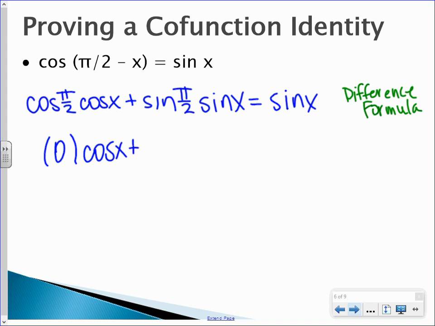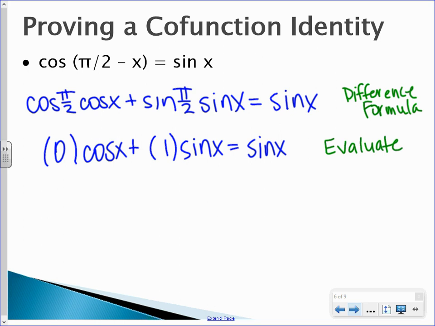Okay? So Haley, I'm going to have you help me with the sine of pi over 2 too. Sine of pi over 2 is 1. Good. Okay, all we did was evaluate those trig functions, so that can be your explanation there. I do need to see that step. I need to see you evaluate cosine of pi over 2 to be 0, sine of pi over 2 to be 1. Then from there, we know that 0 times cosine is 0, plus 1 times sine of x is sine of x.